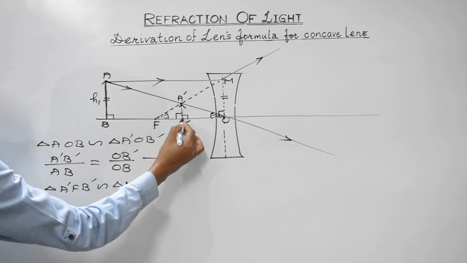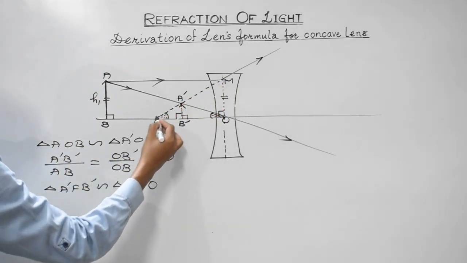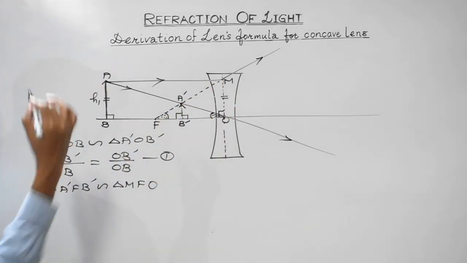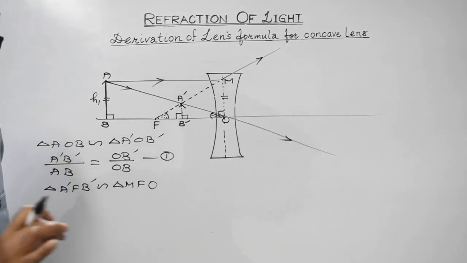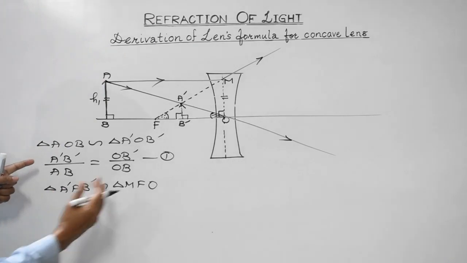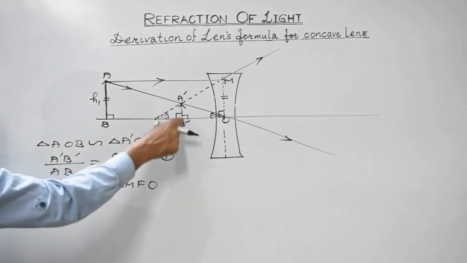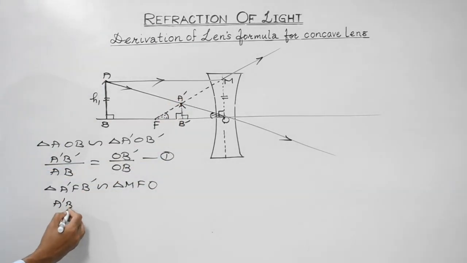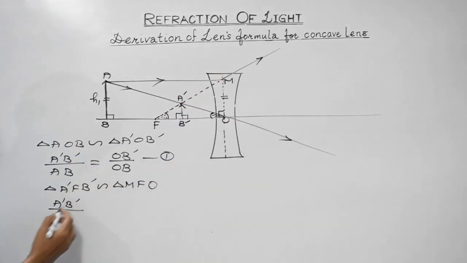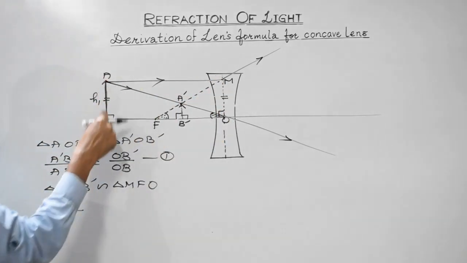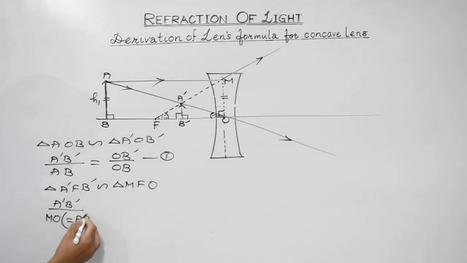So the corresponding sides are proportional. Again students, please ensure that the left hand side should be the same. So A dash B dash, its corresponding side would be MO. And students, MO is equal to AB, so that the left hand side of these two equations becomes equal.